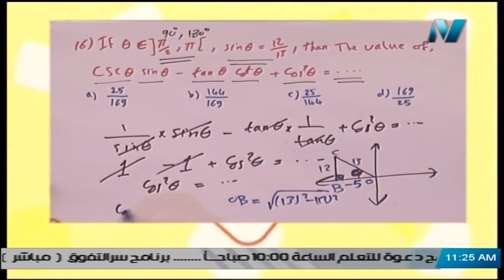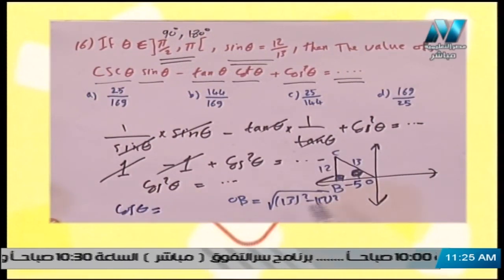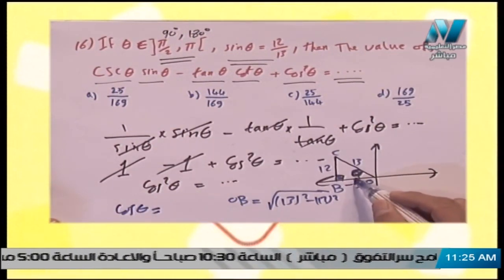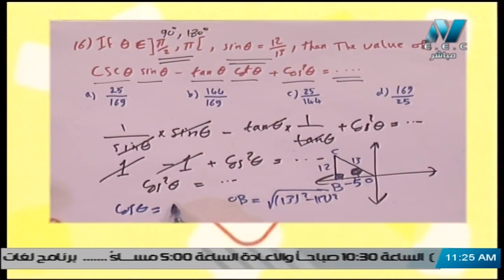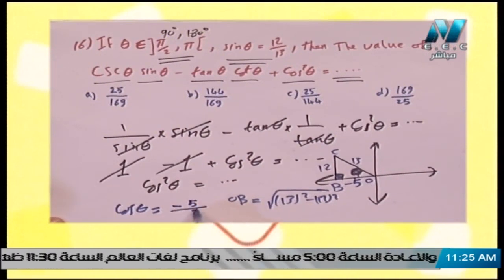So cosine theta equals the adjacent over the hypotenuse, which is negative 5 over 13.